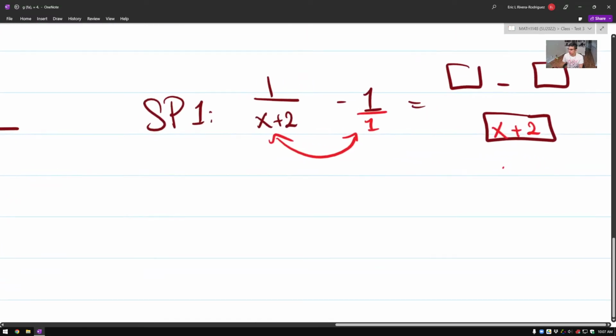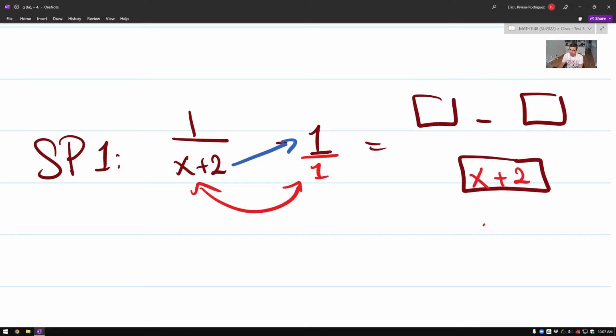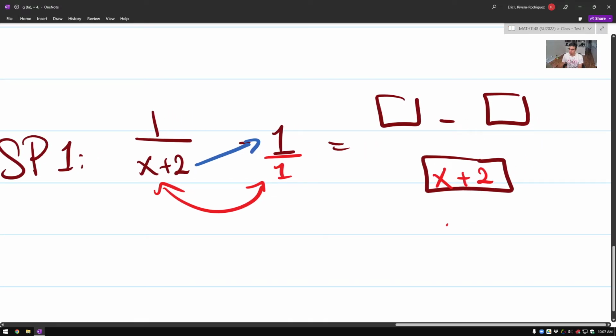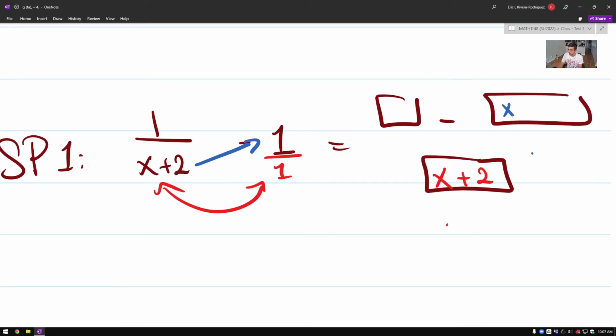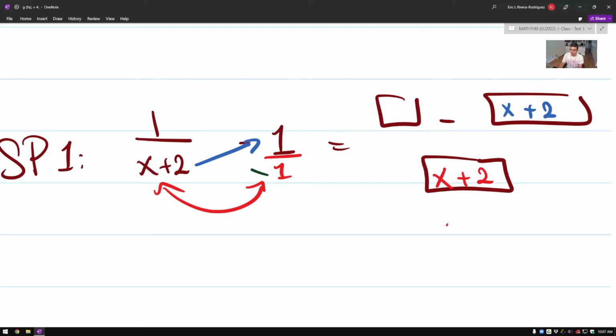Let me zoom here so you can see what I'm doing. Then I go 2 times 1. Ignore the negative because we already got it here. So it would be x plus 2 here, and then it would be 1 times 1, so 1 is here.